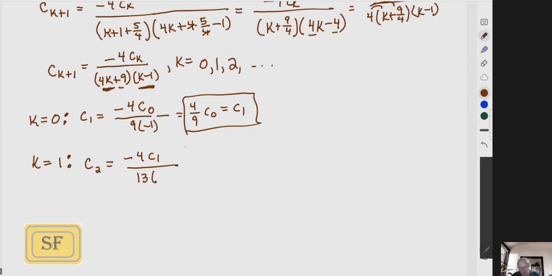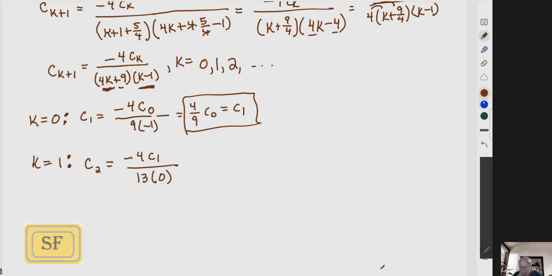And 1 take away 1 is 0. That's undefined. Did I make a mistake somewhere? Let me see. I did, because you should not get an undefined term.